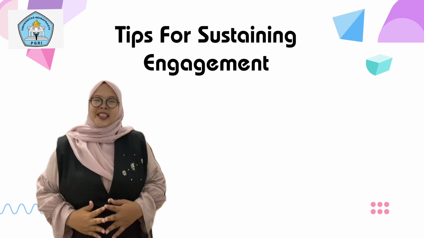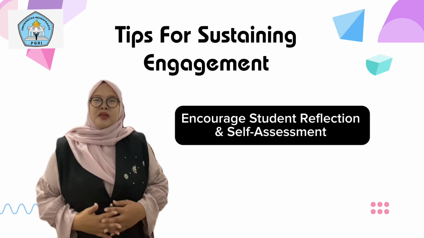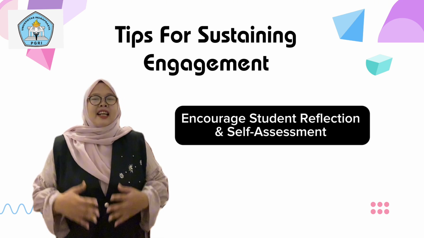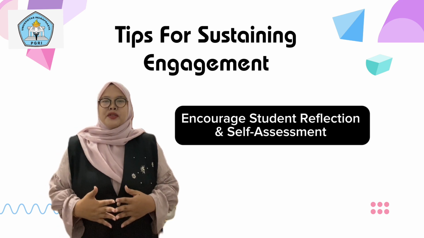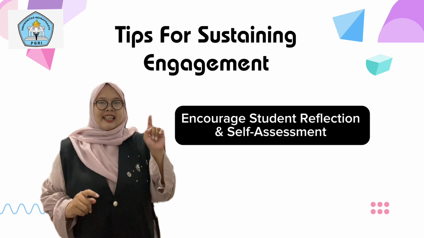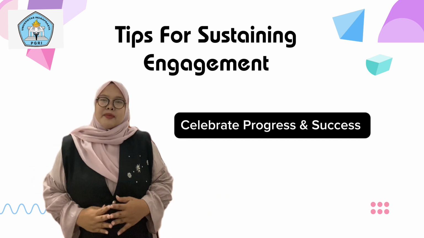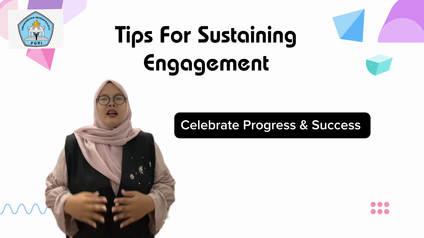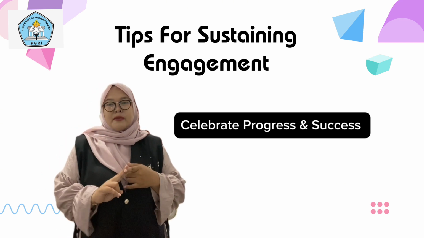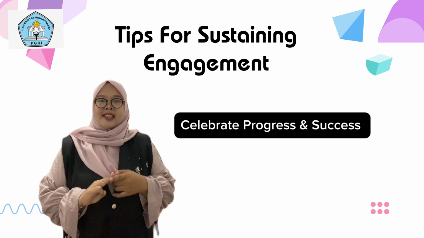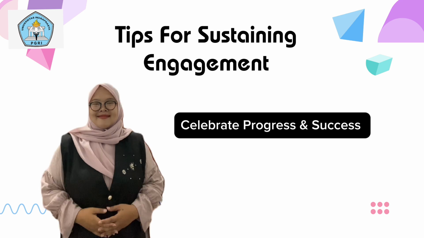Third, give opportunities for self-reflection. When students think about their own progress and set personal goals, they build autonomy and motivation. And this can be done through journals, self-checklists, or learning portfolios. Fourth, celebrate success regularly. Recognizing effort and improvement through praise, small rewards, or showcasing student work boosts self-confidence and encourages continued effort.